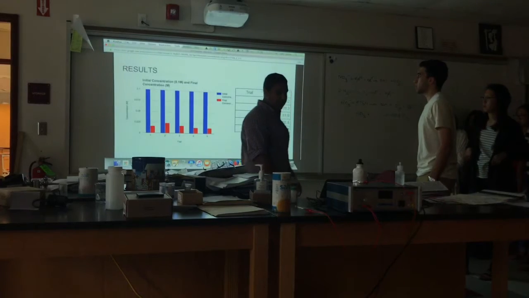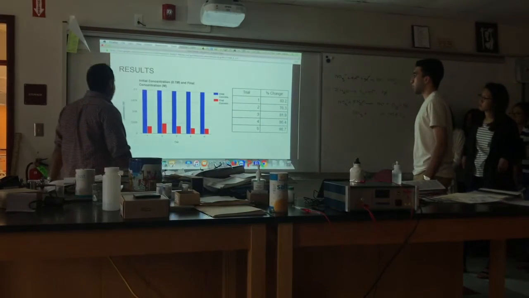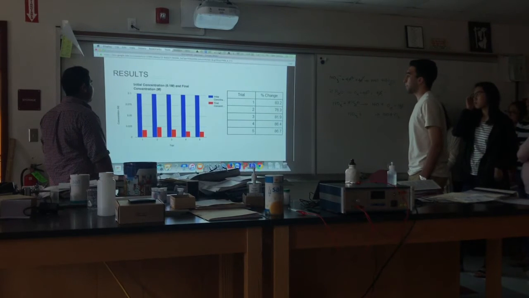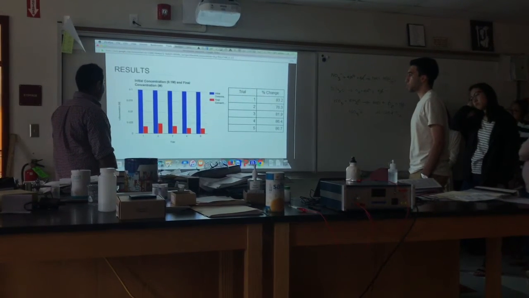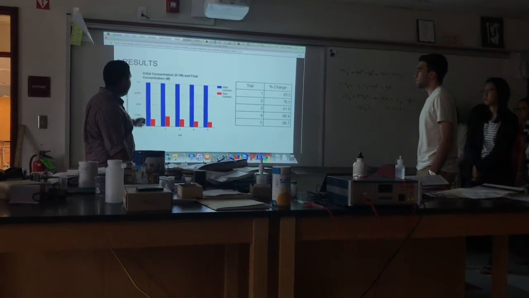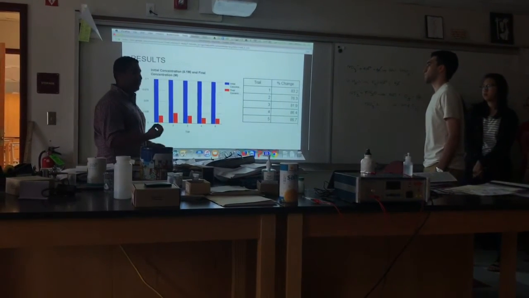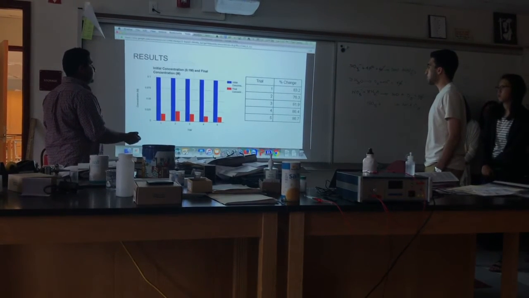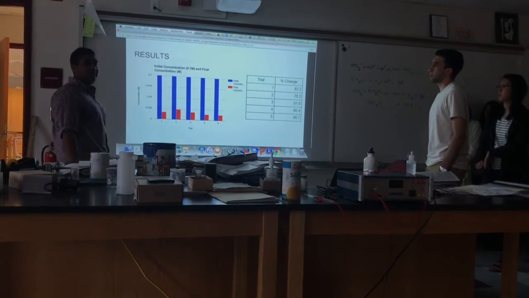So our legitimate results. This is a graph with 5 trials, all with 0.1 molar copper nitrate. As you can see, the blue is what we started off with, and the red is the result we got. And in every single case, we reduced the concentration by over 76%.